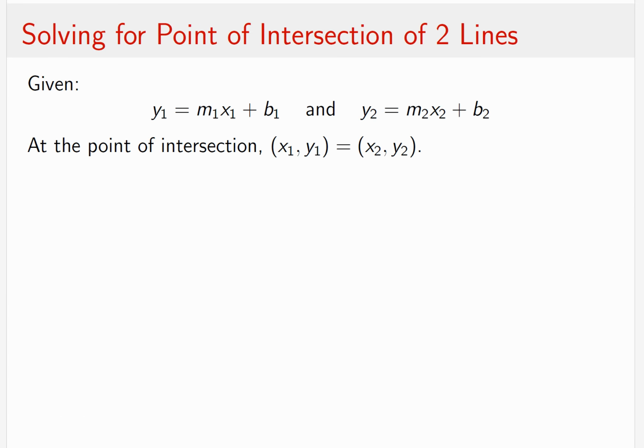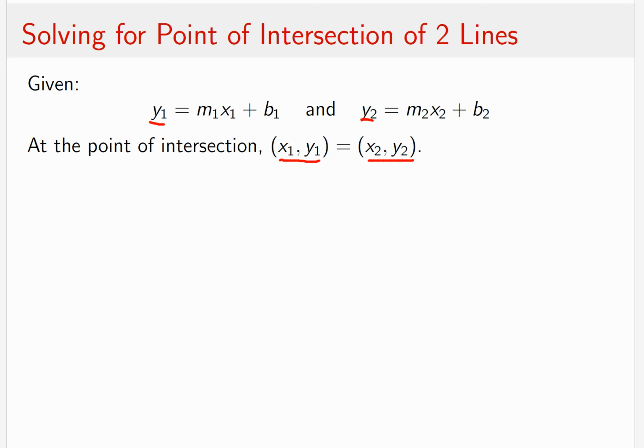Okay. And by the way, just to explain where the values are coming from in the next slide, let's actually do the algebra, right? If I have two lines, y1 equals m1 times x1 plus b1 and y2 equals m2 times x2 plus b2, at the point of intersection the x coordinates and the y coordinates are going to match.